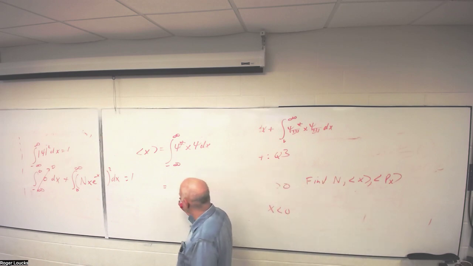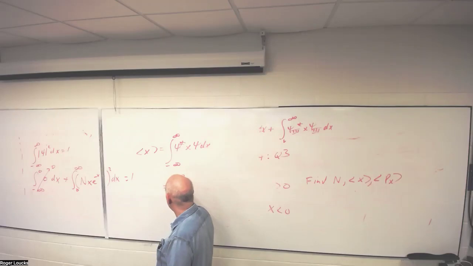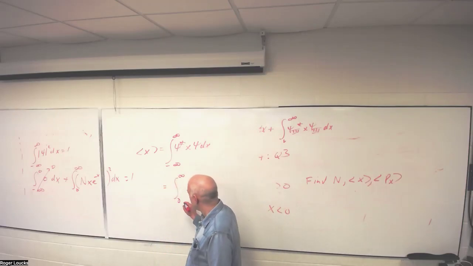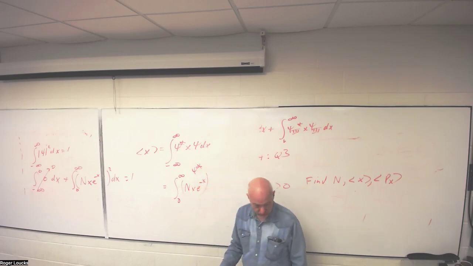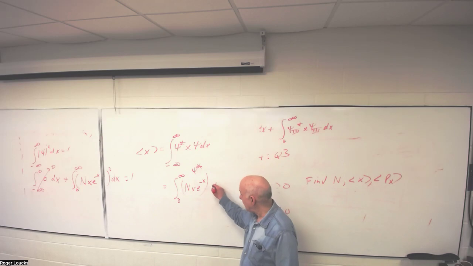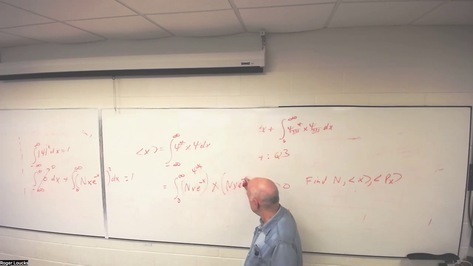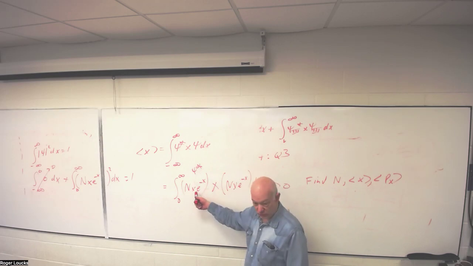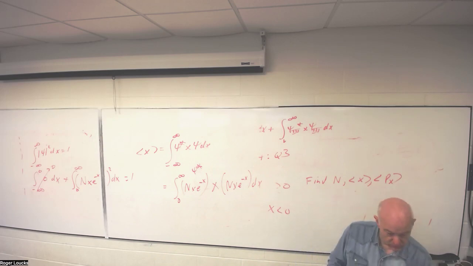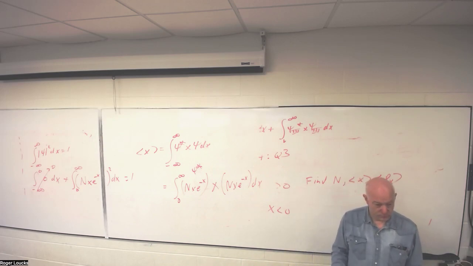So you're going to get an integral from 0 to infinity of this n x e to the minus x squared. That's my psi star. We take n to be real. And x, then this, which is just going to be something with psi squared, because we only have real components.